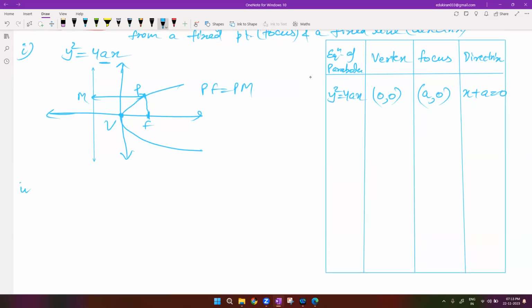Now the second type of parabola will be, one more thing. Latus rectum. One more thing which we need to know is latus rectum. We have basically two things.